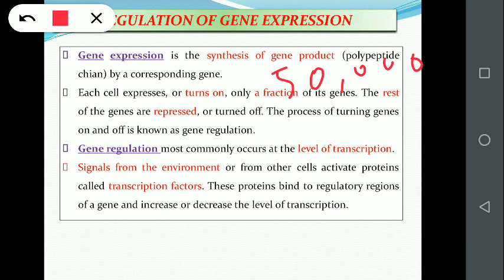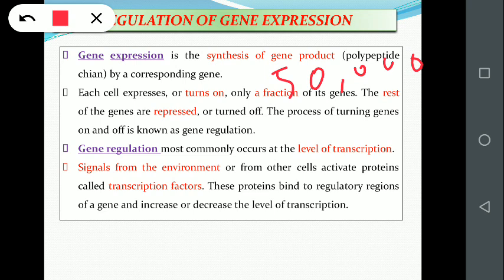Where does gene regulation occur, at the transcription level or the translation level? Because in gene expression we have two processes, transcription and translation. In case of prokaryotes, and of course in eukaryotes also, the regulation of gene expression occurs mostly at the level of transcription.